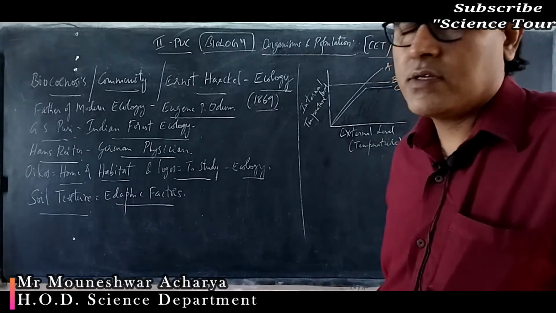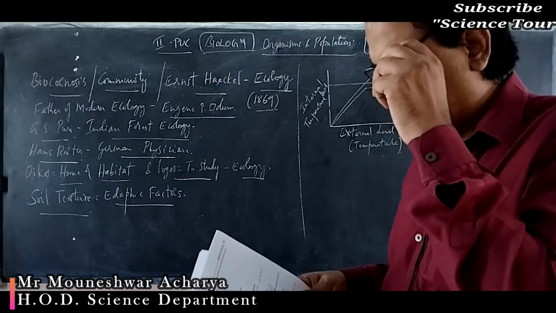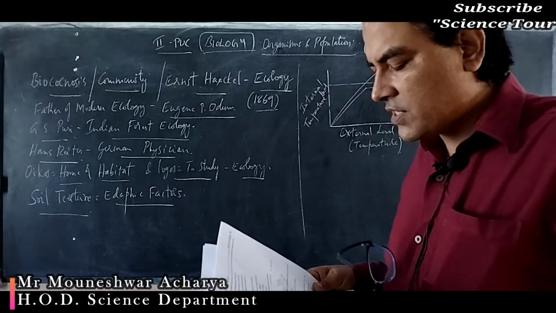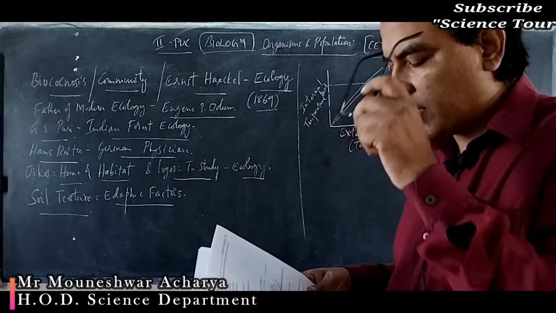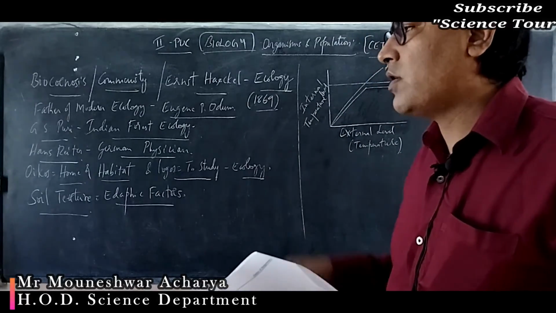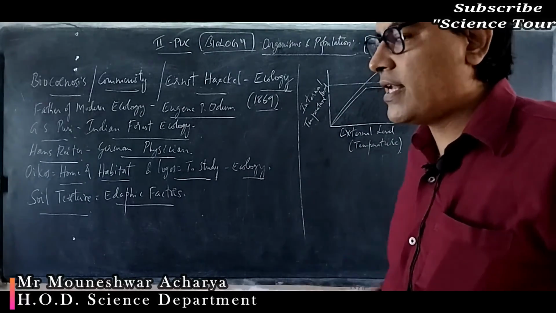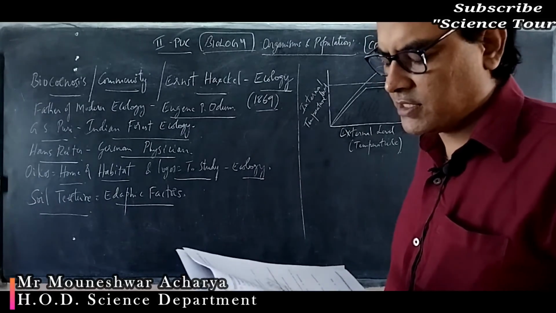For example, frogs, amphibians, they show this hibernation as well as aestivation. Many animals show it. Diapause is suspended development in zooplanktons. They will not undergo development, they will rest in the dormant stage, their metabolic activity decreases, they will eat less food. All these are to survive the extreme environmental conditions.